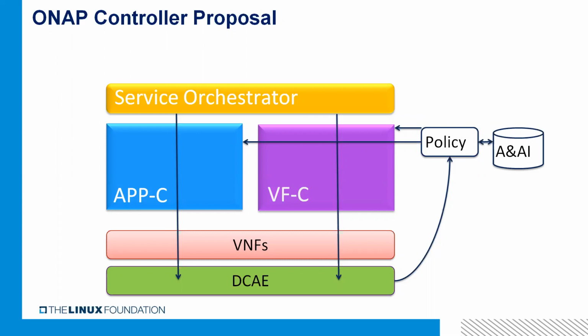The VNFs would talk to DCAE, and then we would have the whole closed loop talking to policy, and also registering in A&AI, and then being able to talk back to the different controllers depending on the different needs and the different path selection from the operators.